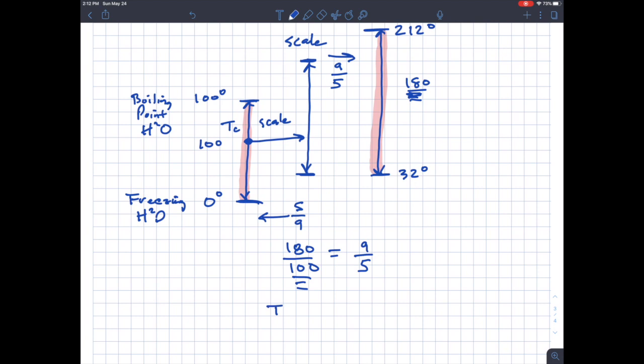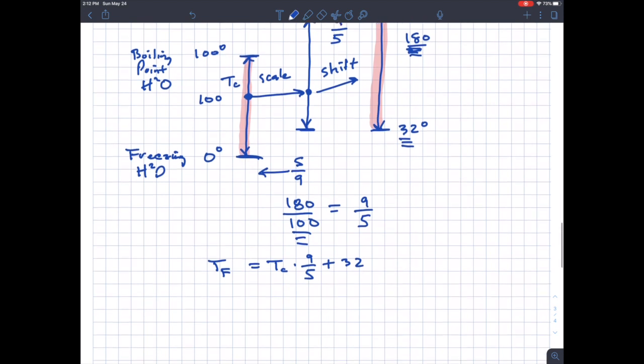So I would take TC and multiply by 9 divided by 5. From here though, I also have to do a shift because this starts at 32, it does not start at 0. So I would add 32 and I would get the conversion to TF. That's the formula that goes from the Celsius scale to the Fahrenheit scale.